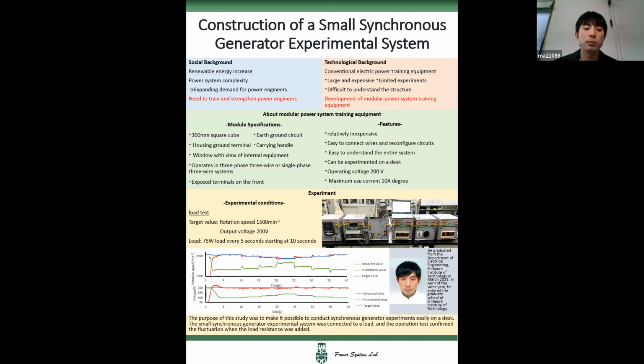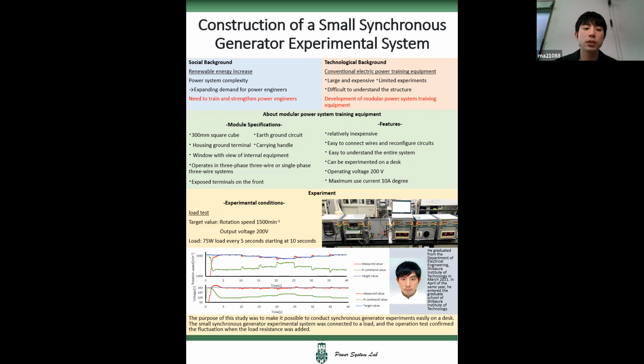The modular experimental system is defined by this standard and is mainly a cubic structure of 300 millimeter square and is operated by a three-phase three-wire system or a single-phase three-wire system.